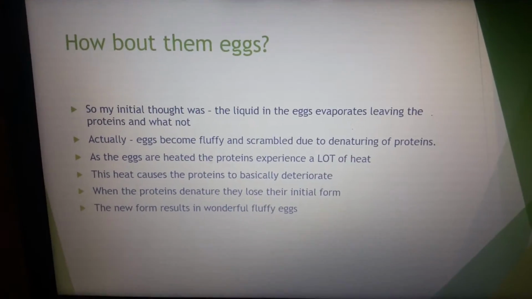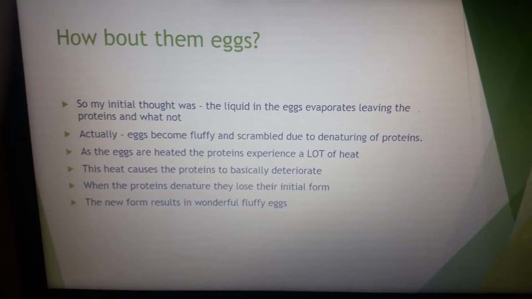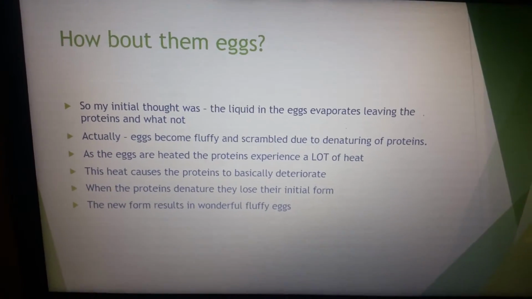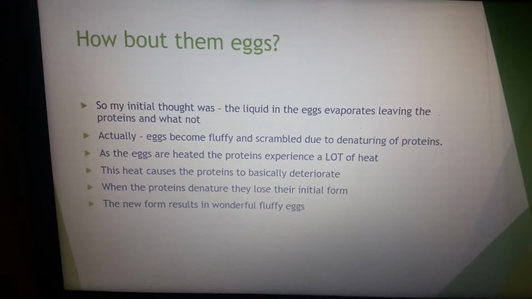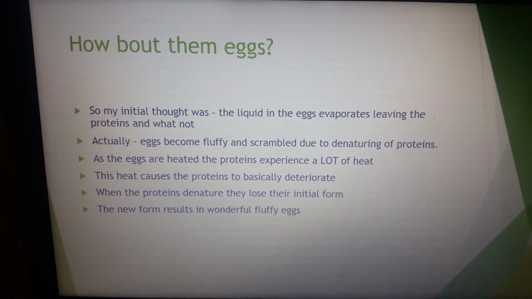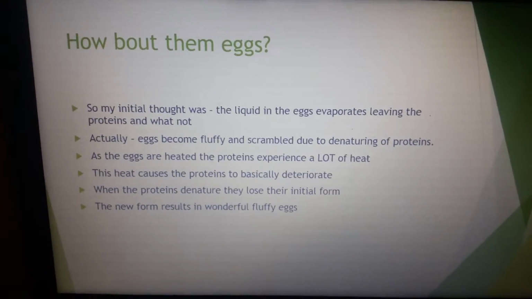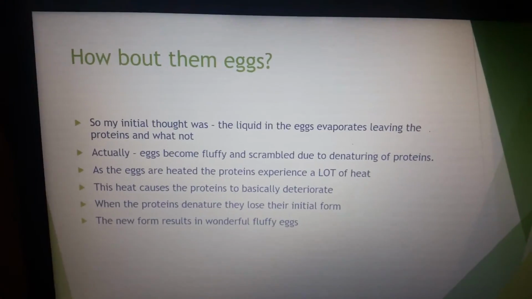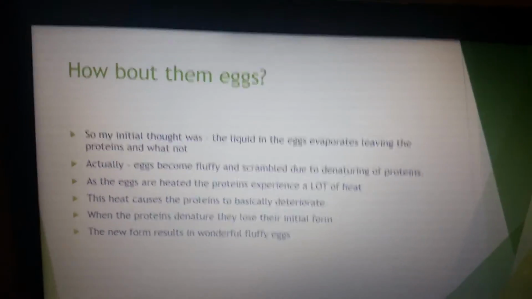As they deteriorate, they lose their very intricate form that allows them to be all liquidy, and you're left with the wonderful fluffiness that we have now. Proteins are really interesting and very complicated creatures. I guess they're not creatures, but as a BME, I was really happy that you did this one. I wish you had done some more other than just scrambled eggs, but it is what it is.